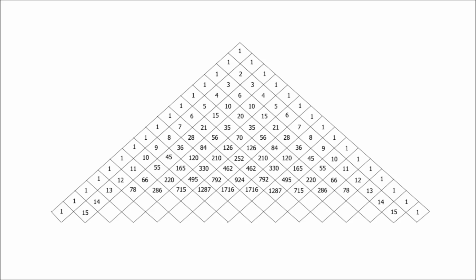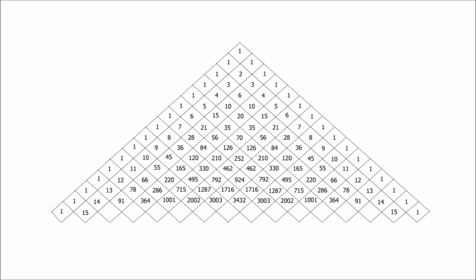Next row, 13 plus 78 is 91. 78 plus 286 is 364. 286 plus 715. Oh, that's a nice one, isn't it? Because 86 plus 14 is 100, and 200 and 700 is 900, so that's 1001. And then 715 plus 1287, well, that's 2002.